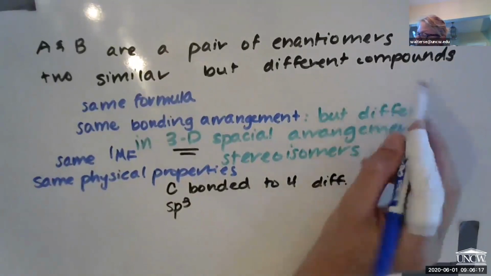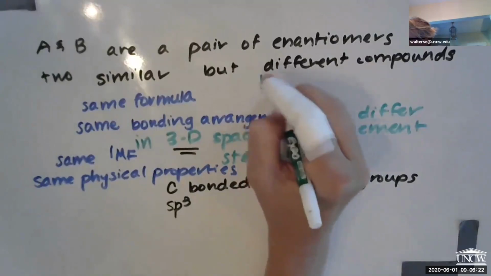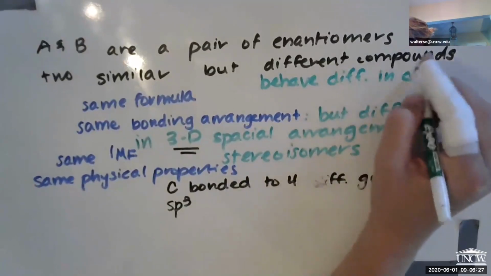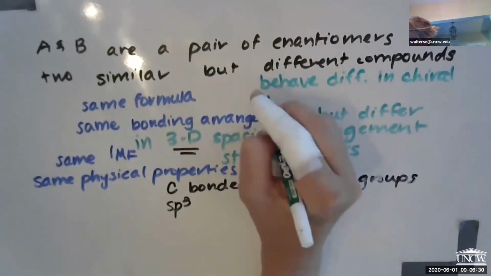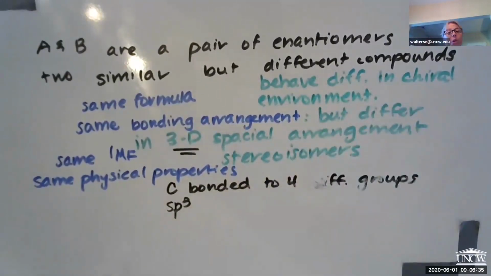But because they're different compounds, they're going to behave differently in what we're going to call a chiral environment. Your body is a chiral environment. The example that we talked about in the discussion was thalidomide, but Zyrtec is another example. Albuterol, which is an asthma inhaler, is another medication that comes as a pair of enantiomers.